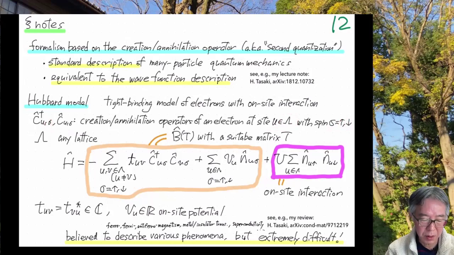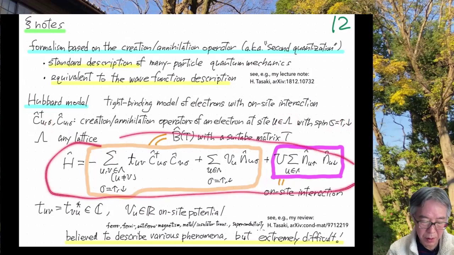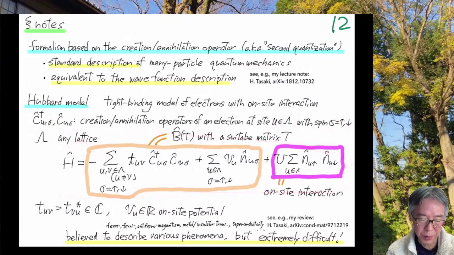And then here's the standard Hamiltonian of the Hubbard model. Here you have this hopping part. Here I assume that hopping is independent of spin. So up spin hops to up spin and down to down. But you can consider a much more complicated model.